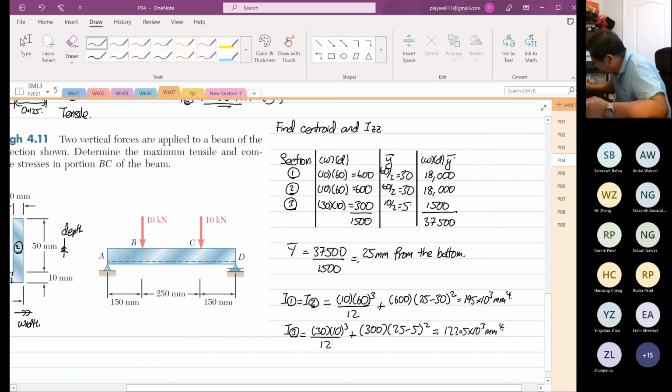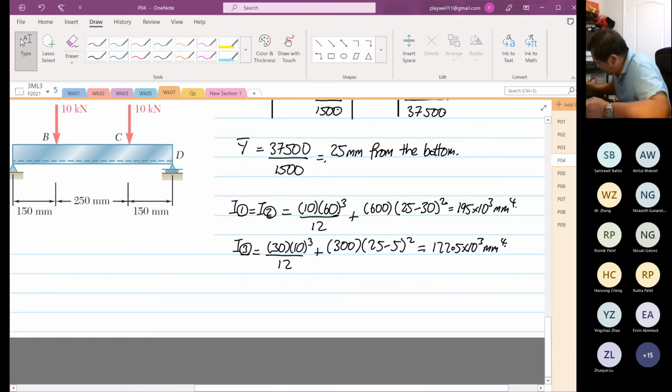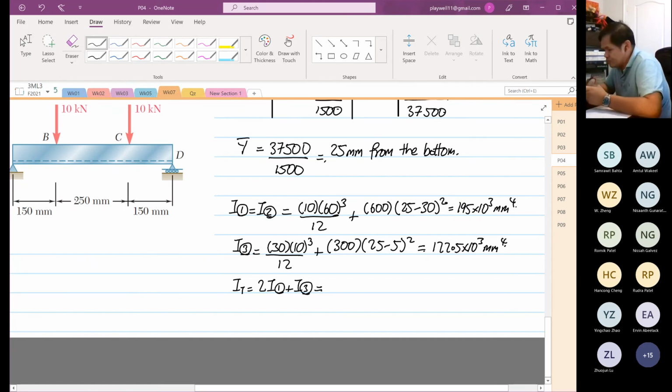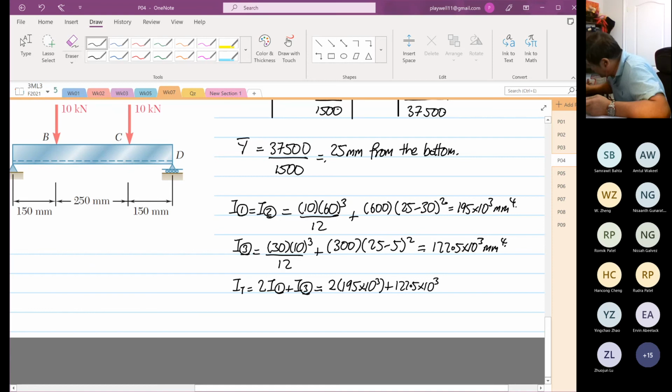millimeter 4. So now we can find our I total, which is equal to 2 I1s plus I3, right? So this is 195 times 10 to the power 3 times 2 plus 122.5 times 10 to the power 3.